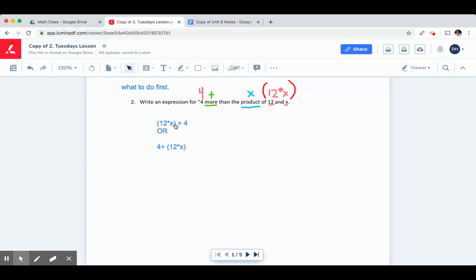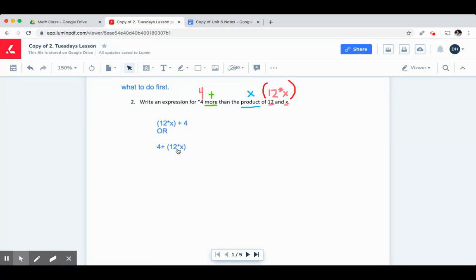Because parentheses tell the reader what to do first, no matter where it is in the expression, they're always going to know to go to the parentheses first. So whether or not they see the parentheses as the first thing in the expression, or whether or not it's the last thing in the expression, they know that whatever is in the parentheses always has to happen first.